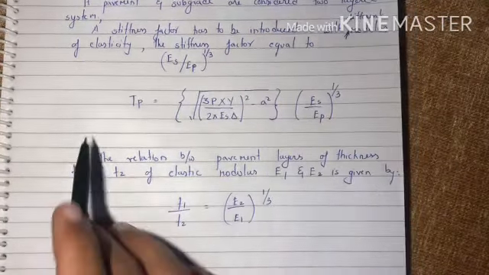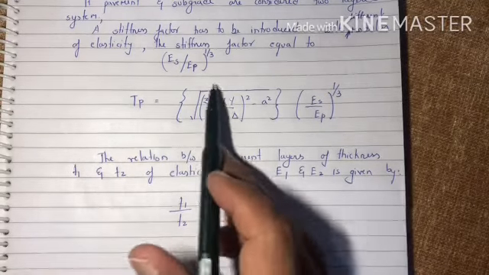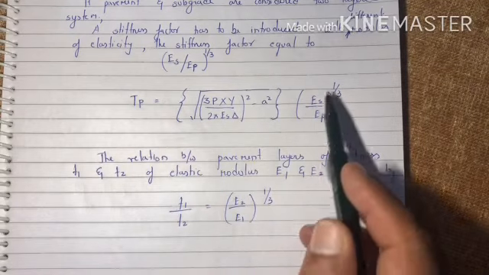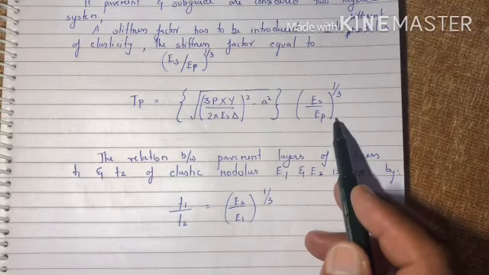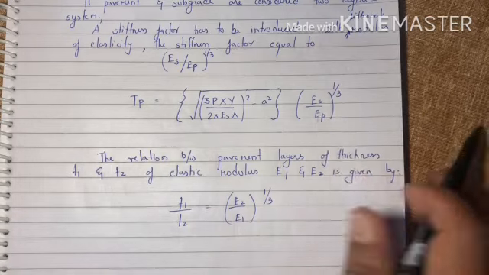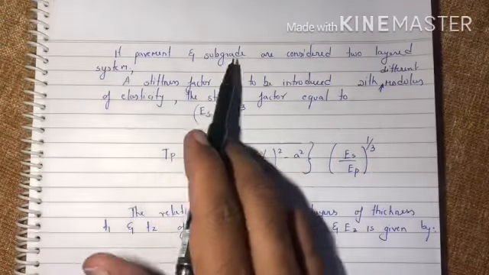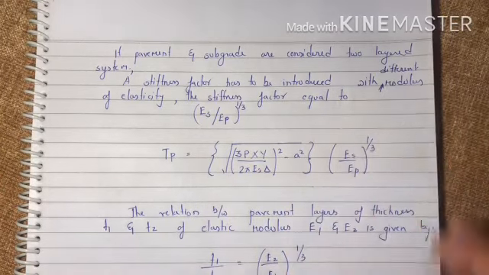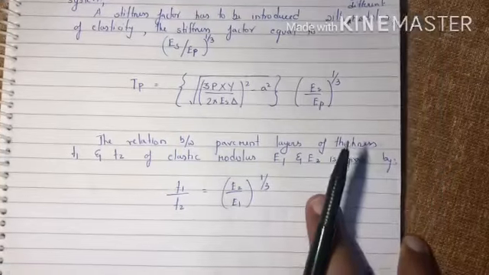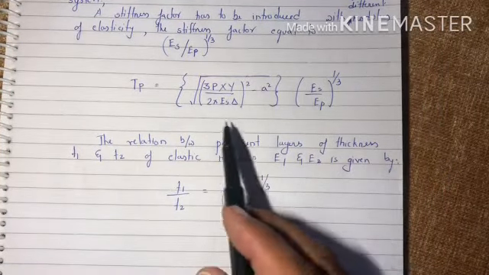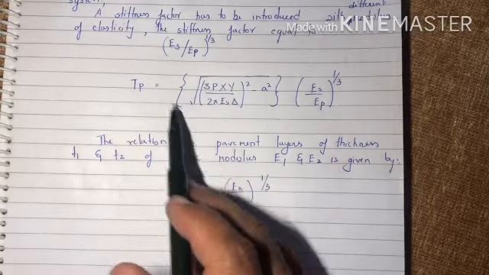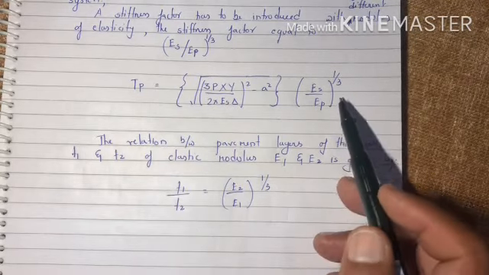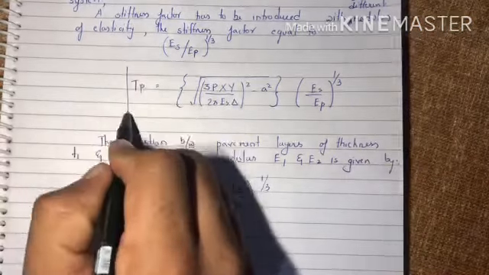Our thickness of the pavement will be the same equation as before, multiplied by the stiffness factor, because the pavement and subgrade are considered as a two layered system. So the thickness of the pavement based on the Kansas method is given by this equation.